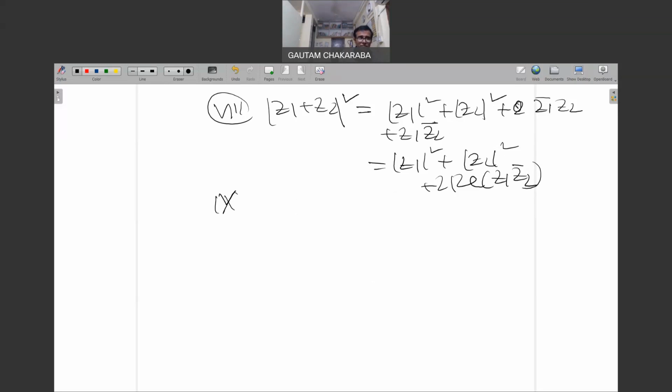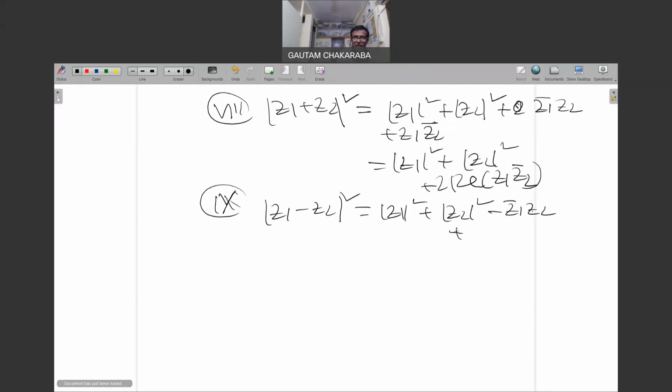Now next part, modulus of Z1 minus Z2 squared. Same way you can write Z1 squared plus Z2 squared minus Z1 conjugate Z2 minus Z2 conjugate Z1.